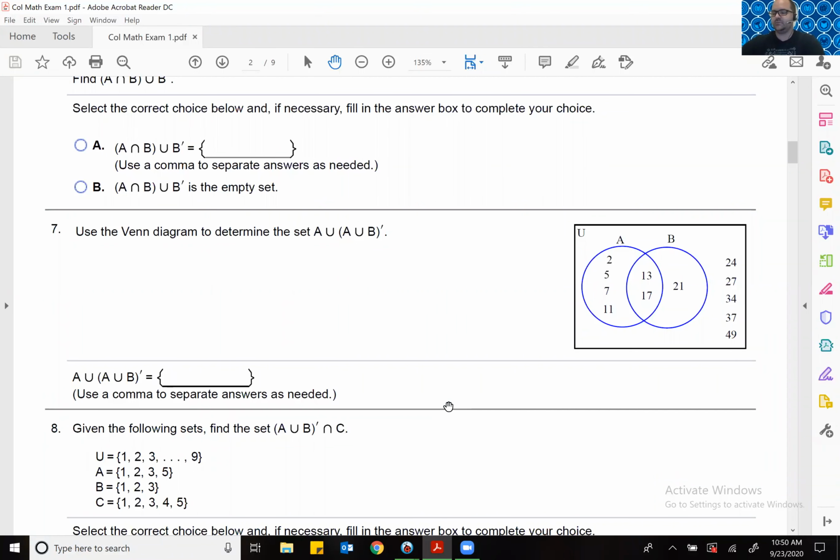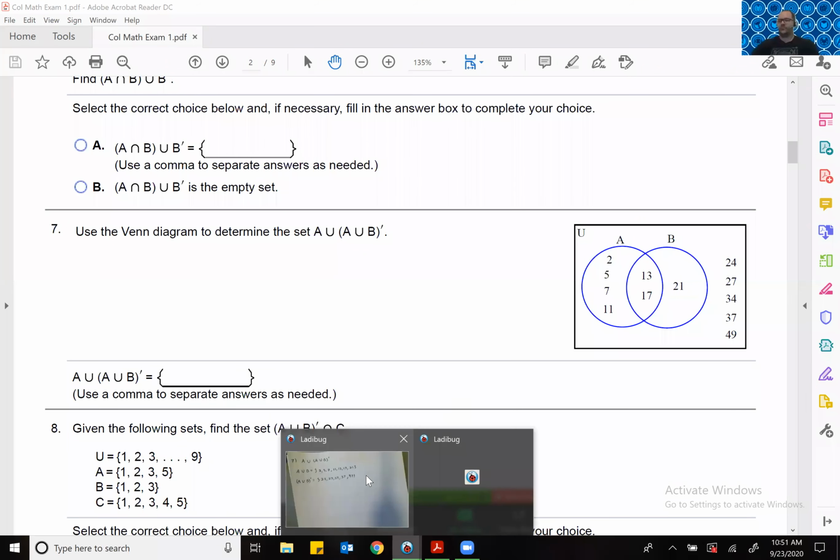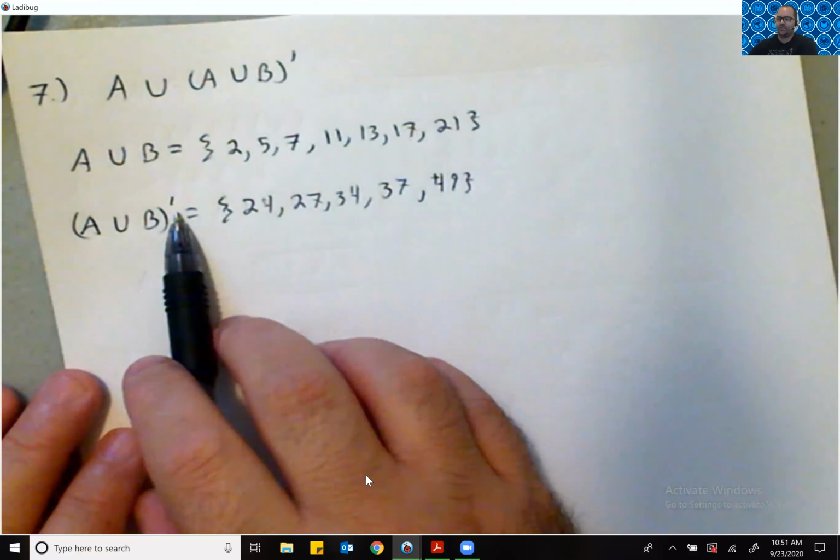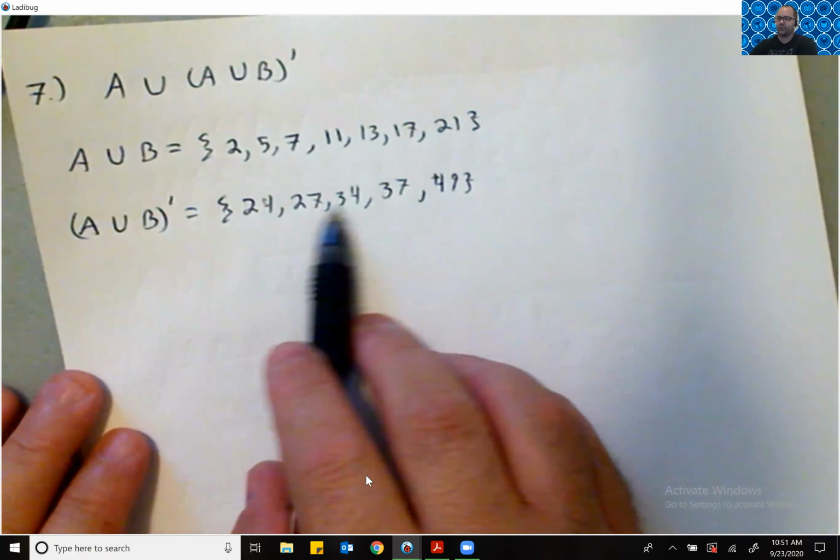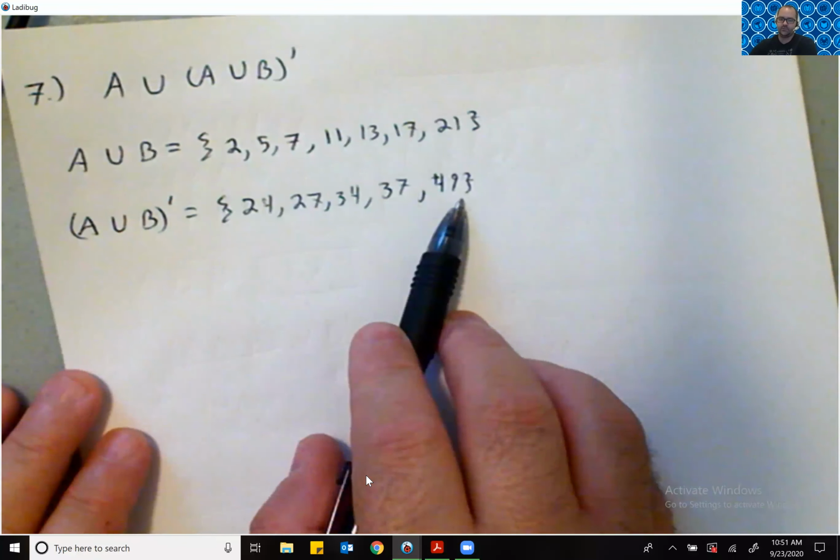What's left? The ones outside. Which are? 24, 27, 34, I think that is, 37 and 49. Perfecto. I love it. So here's what our set looks like now. The complement of the union we just had is 24, 27, 34, 37, 49.